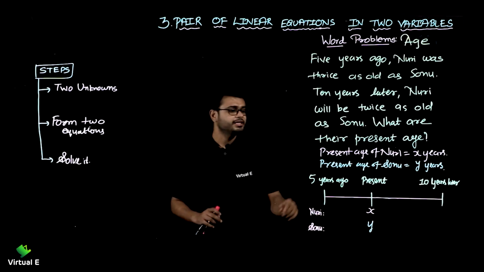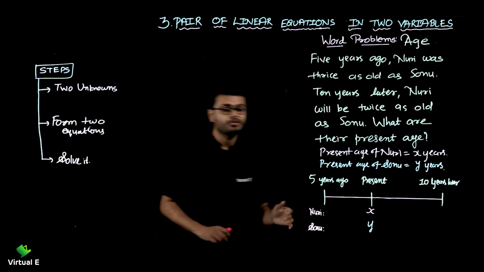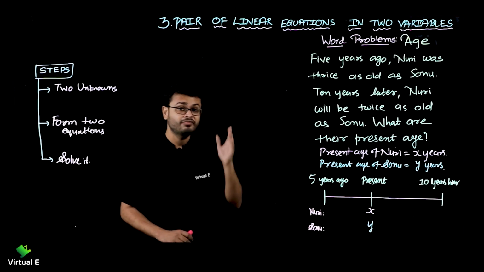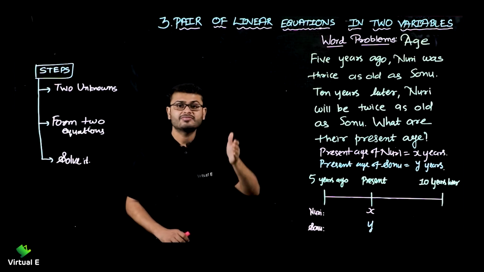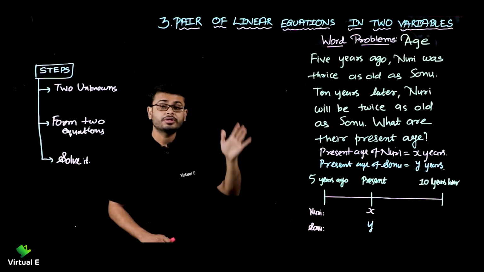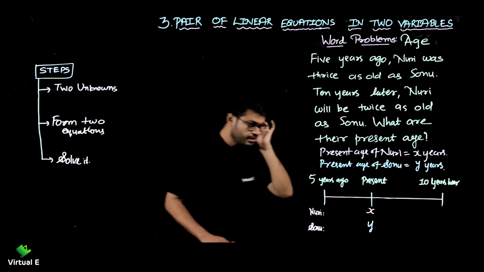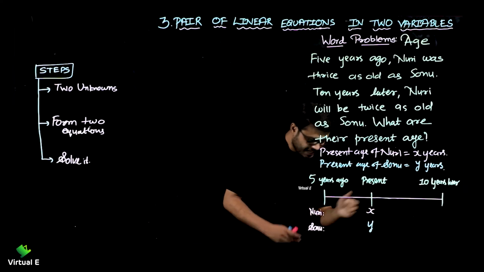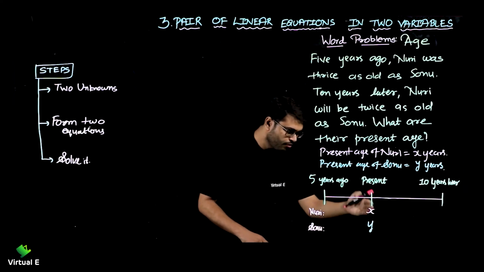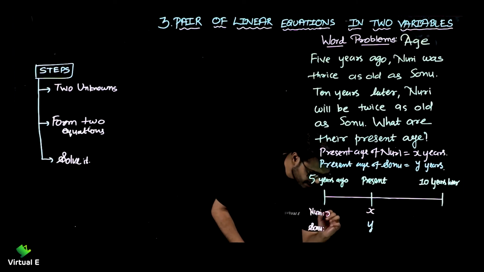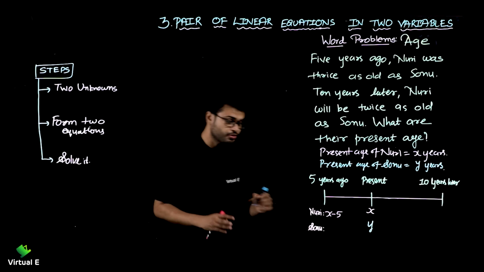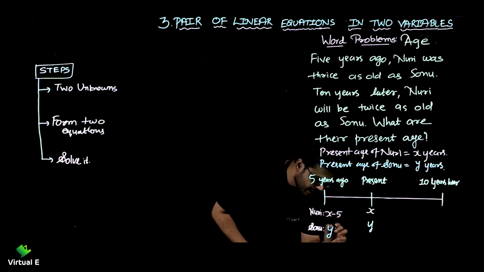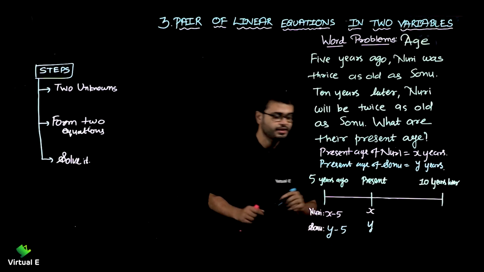Now we want to find the ages 5 years ago. So remember what we did. If your age is now 15 and you want to get the age 5 years ago, you are going to subtract 5, right? So the present age is X. If you want to go 5 years ago, that will be X minus 5. And what about Sonu? That will be Y minus 5. Done?